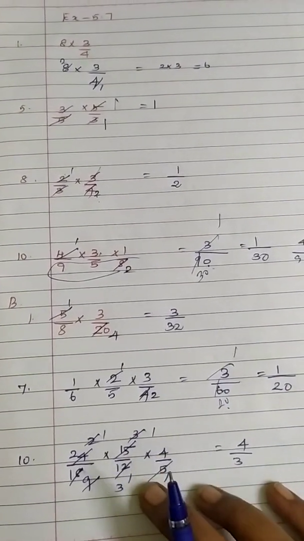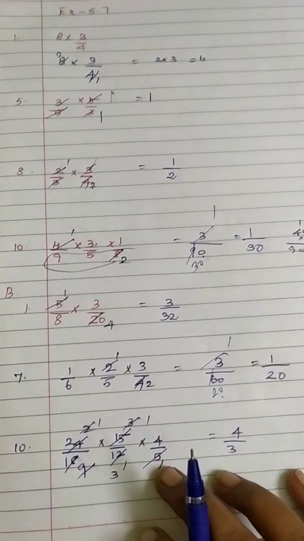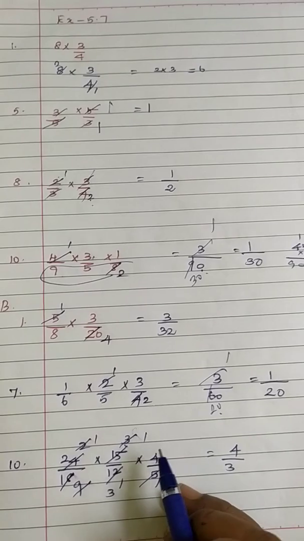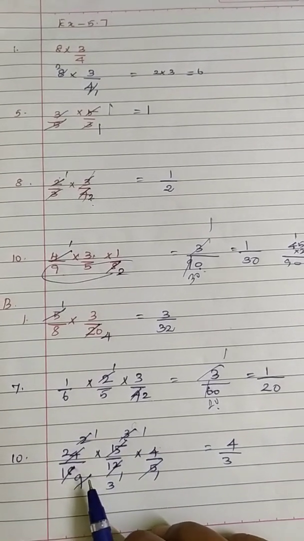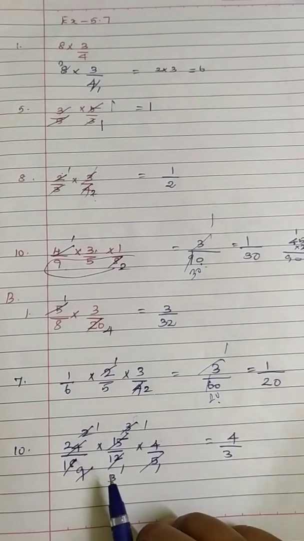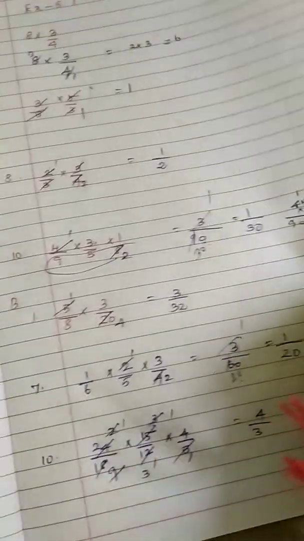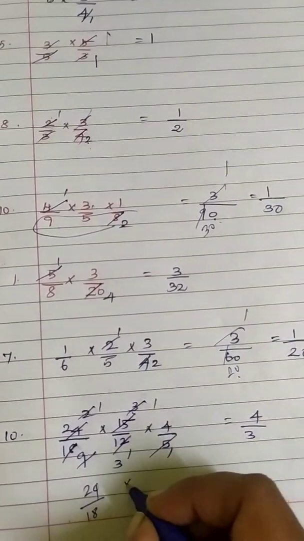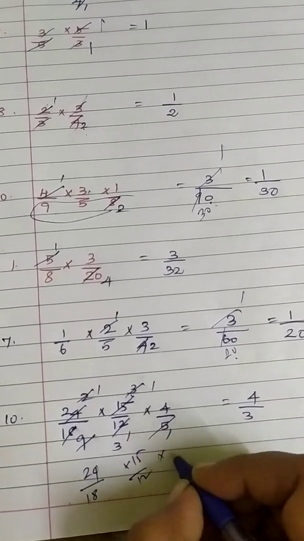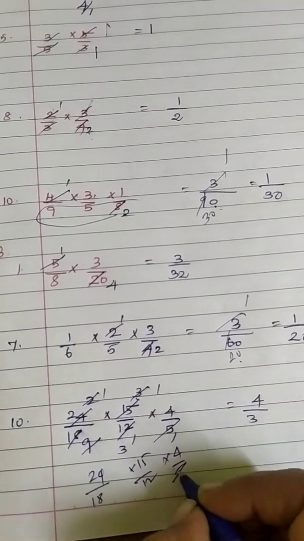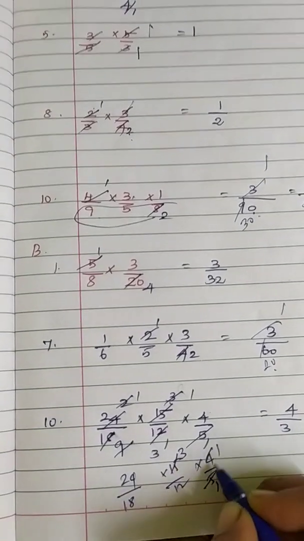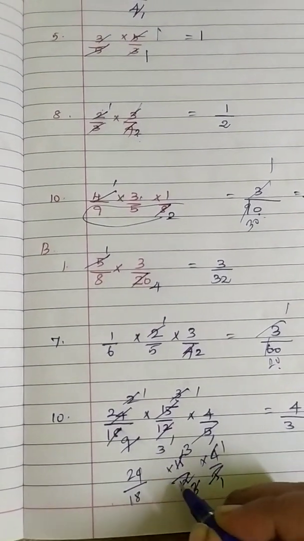Problem number 10: 24 by 18, 15 by 12, 4 by 5. First cancelling by the 5 table, 1 5 is 5, 5 3s are 15. Then 1 4 is 4, 4 3s are 12.